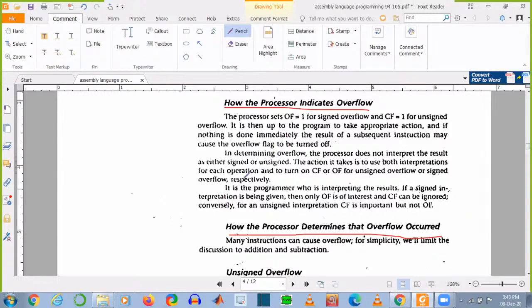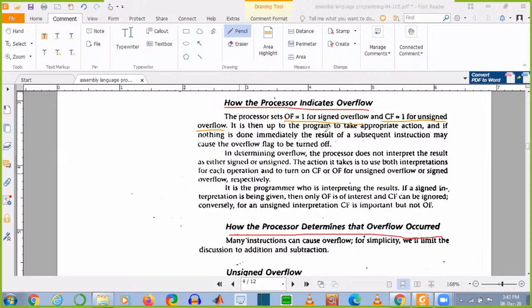The processor sets OF equal 1 for signed overflow and CF equal 1 for unsigned overflow. It is then up to the program to take appropriate action.